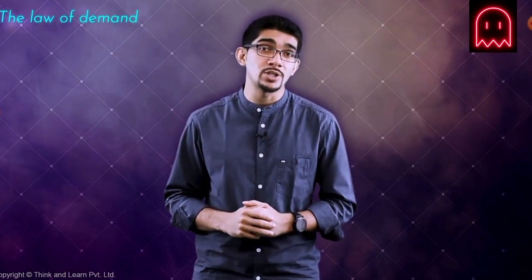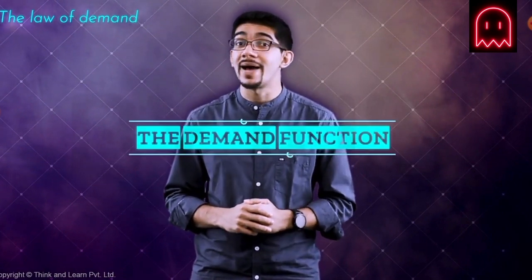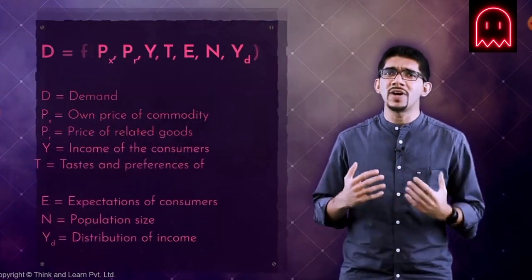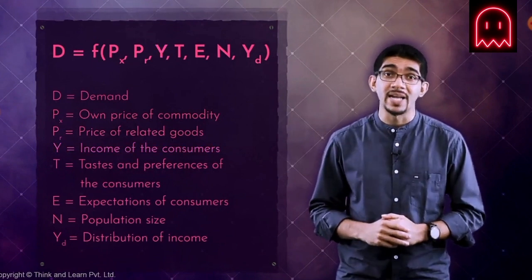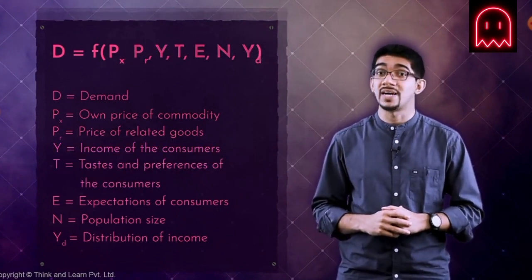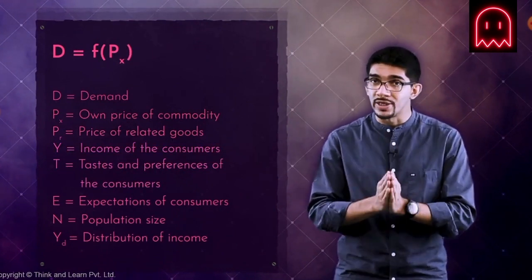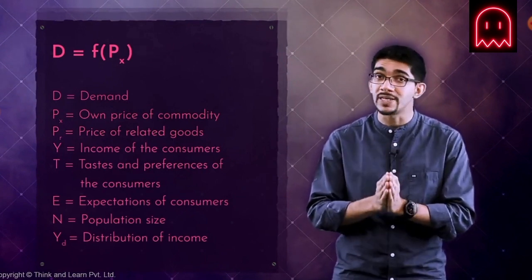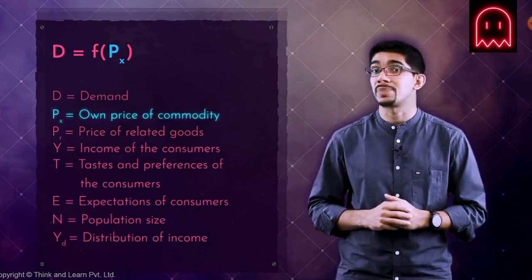This relation between the consumer's optimal choice of the quantity of a good and its price is very important and can be quantified. This relation is called the demand function. If the prices of other goods, the consumer's income and tastes and preferences etc. remain unchanged, the amount of a good that the consumer optimally chooses becomes entirely dependent on its price.